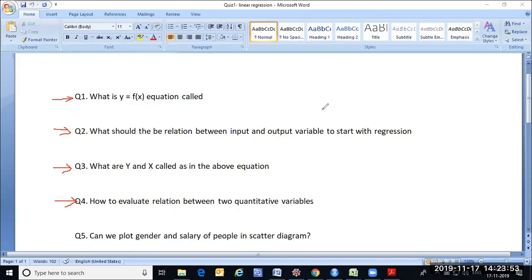By the scatter plot, what information does it convey? If you're drawing a scatter plot between two continuous variables, what information does it tell you? The direction of the relationship and the strength of the relationship, right? Now, can we plot gender and salary of people in a scatter diagram?